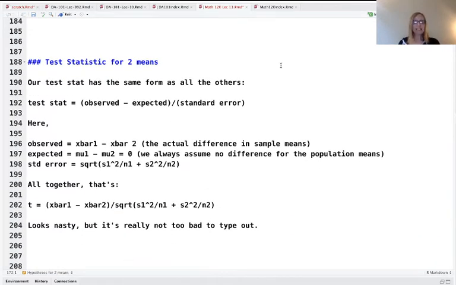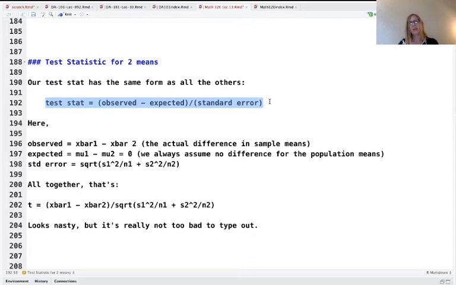For the test statistic, this test statistic has exactly the same structure as all of the other ones we've looked at so far. Let me remind you, that structure specifically: on top, observed minus expected, divided by the standard error in the bottom.